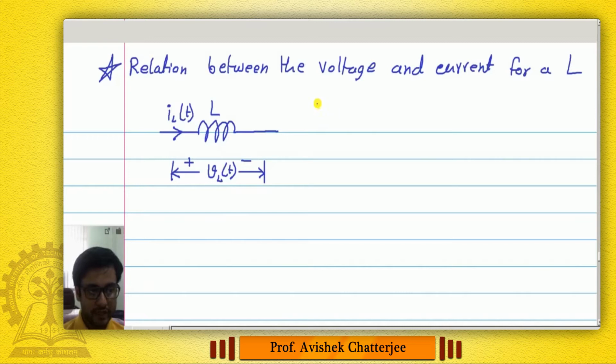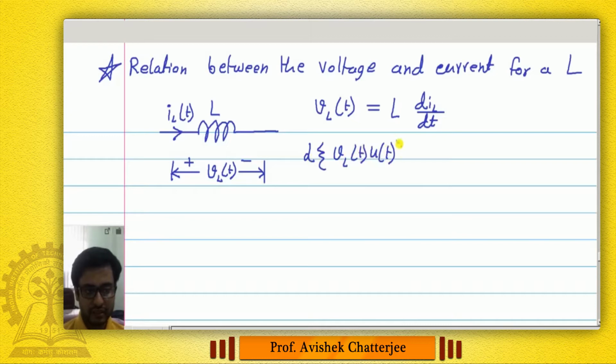Then we know that vL(t) is equal to L diL/dt. Okay, now you can take unilateral Laplace transform. vL(t)u(t) is equal to L constant, then unilateral Laplace transform of diL/dt u(t).